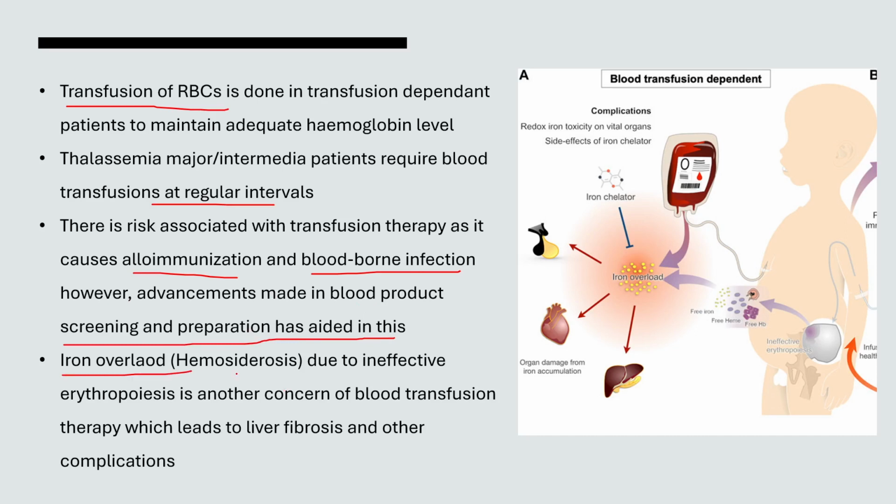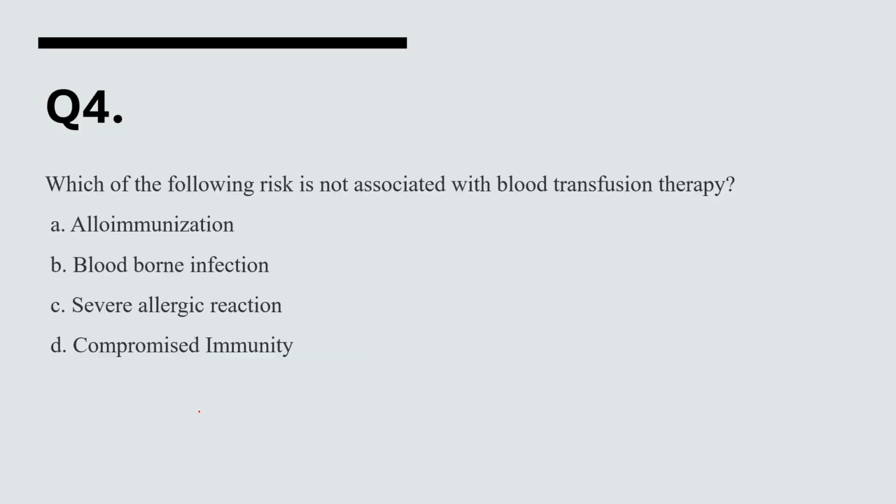Iron overload or hemosiderosis due to ineffective erythropoiesis is another concern of blood transfusion therapy, which leads to liver fibrosis and other complications.